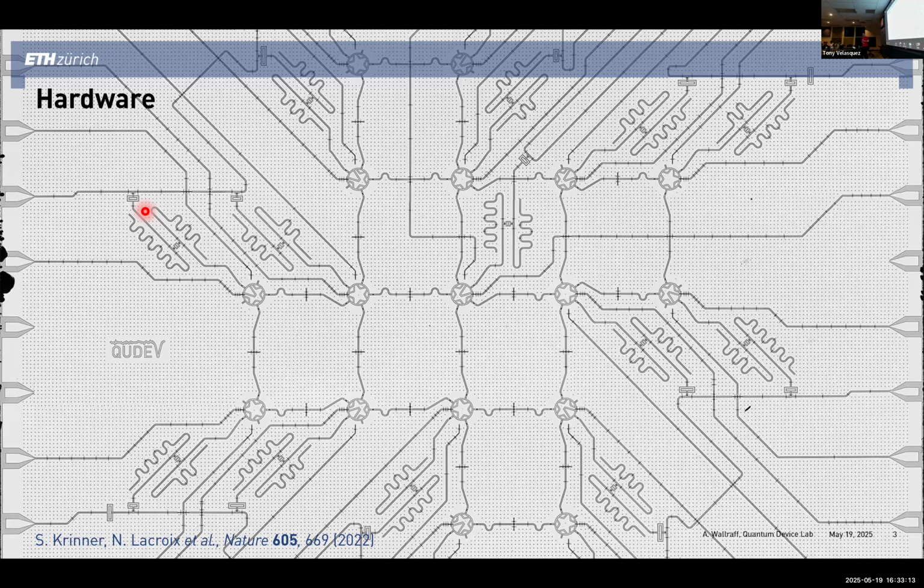At this scale, the chip size is roughly 14 millimeters by 14 millimeters. The now yellow colored structures are part of the superconducting qubits that we use.